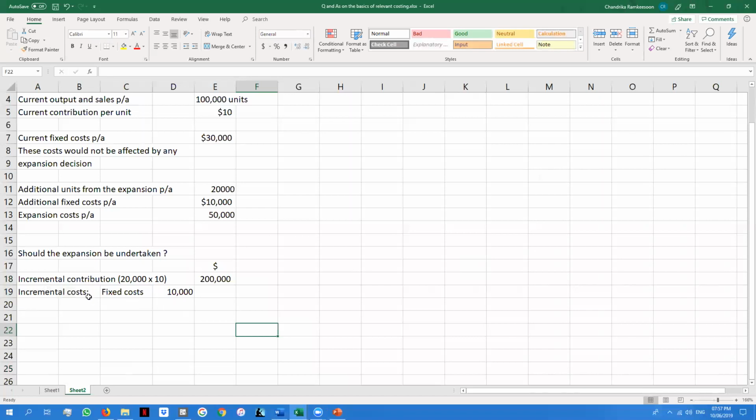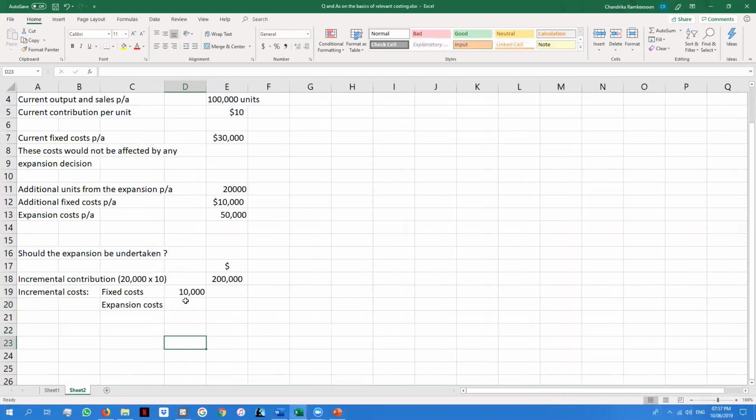So I will put here expansion cost, and that is going to be 50,000.